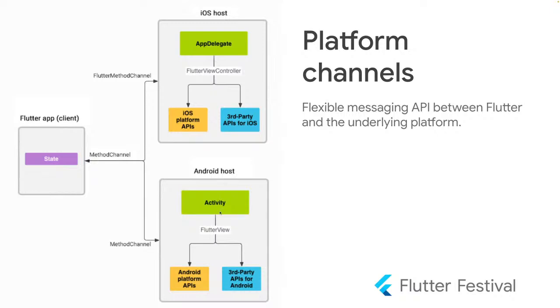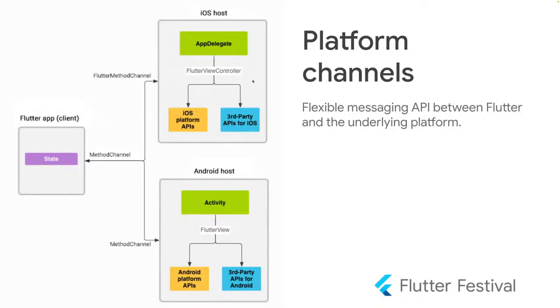And on the Android side, it's just the same. We have the activity, the main activity, which represents the Flutter view, and it connects to all the Android platform APIs. Literally, we can call any Android API, any iOS API, or any third-party API for Android or third-party API for iOS directly and get the message delivered to Flutter.